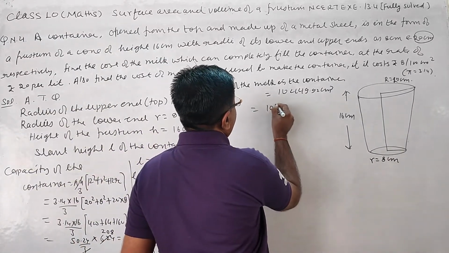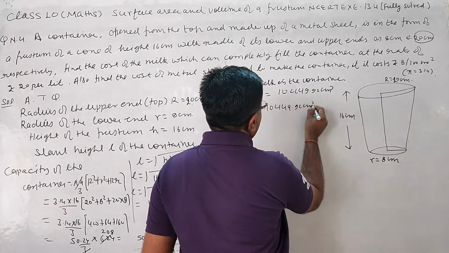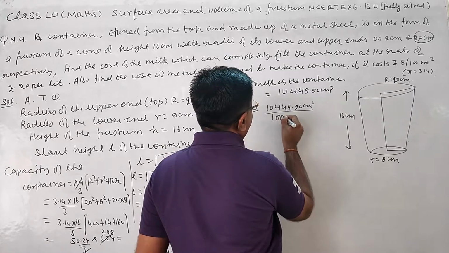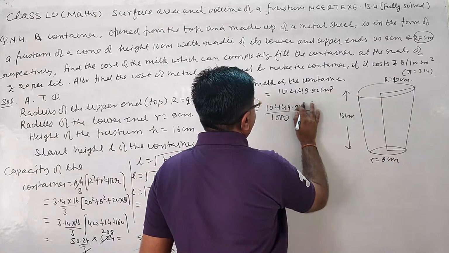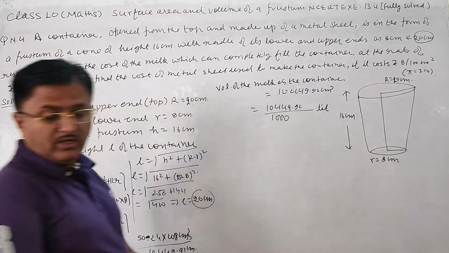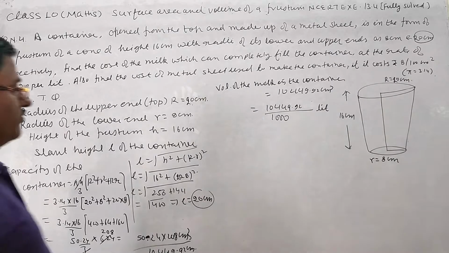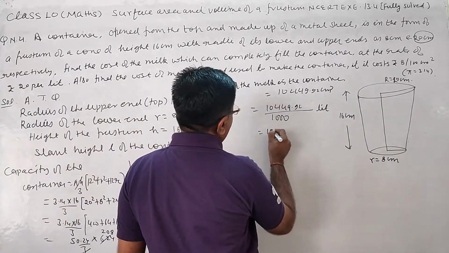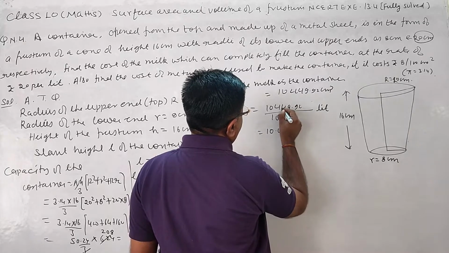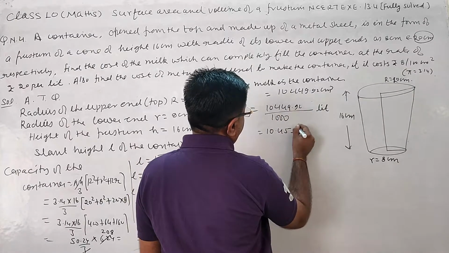So 10449.92 cubic centimeter divided by 1000 will be converted into liters. Clear? So in liters we get approximately 10.45, since 44.9 gets rounded up.